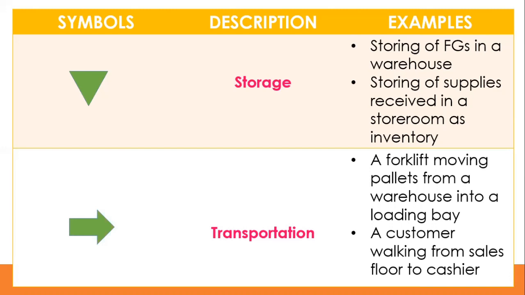Now, the next symbol that we will be using in constructing a flow process chart would be the inverted triangle, or an equilateral triangle standing on its vertex, which represents storage. Storage is used in storing something until a later time, meaning it usually occurs when a part is held and protected against unauthorized removal.